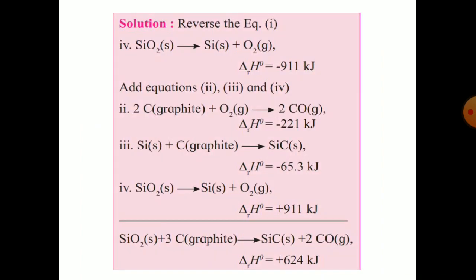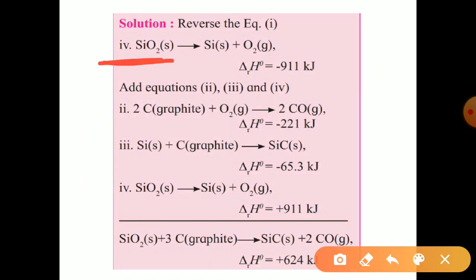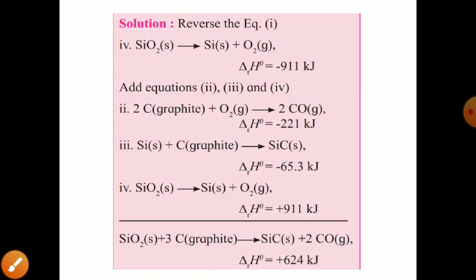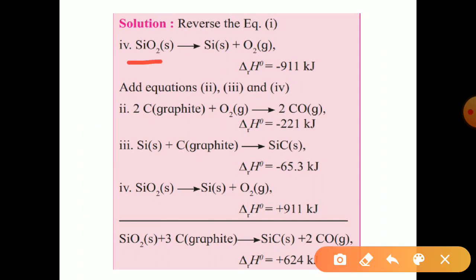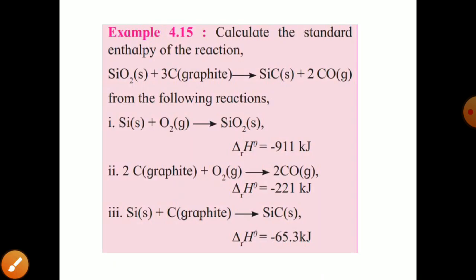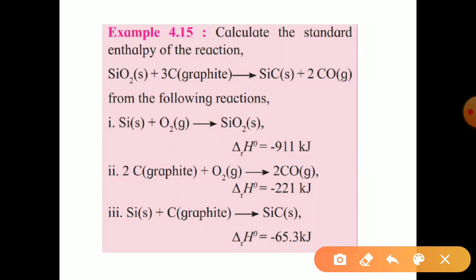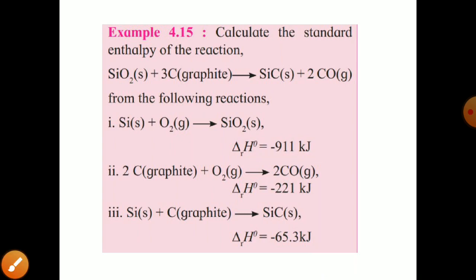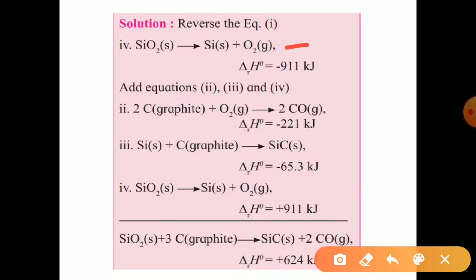Let us see. This is the reversed equation 1. SiO2 gives Si and O2, and the sign is changed, because in the previous one it was minus 911. So here this must be plus.